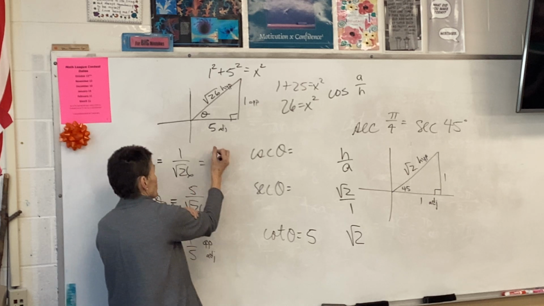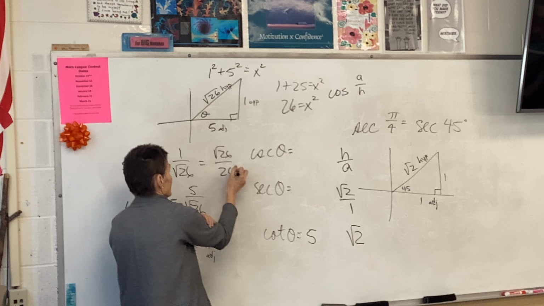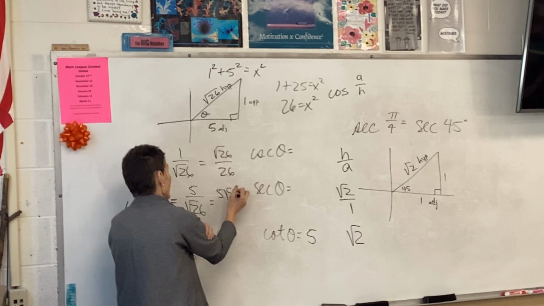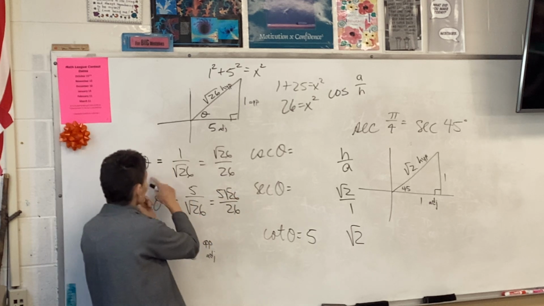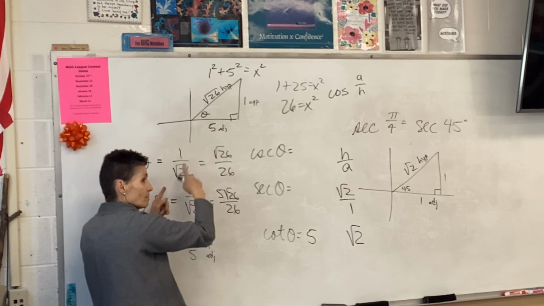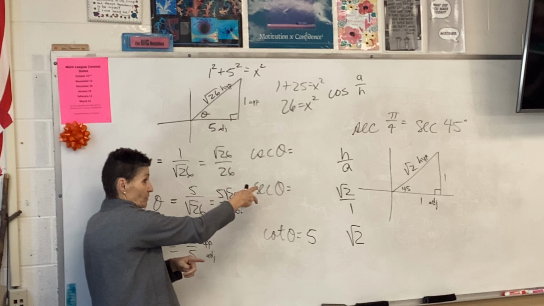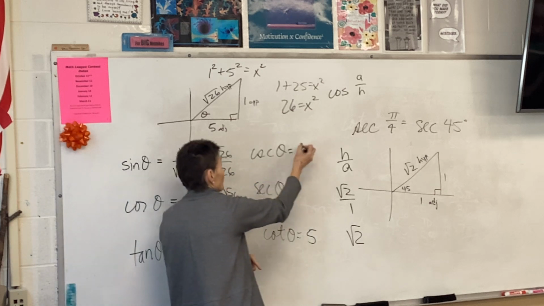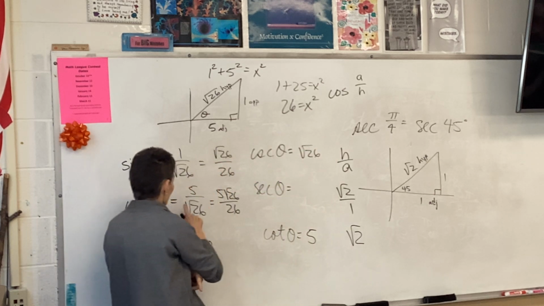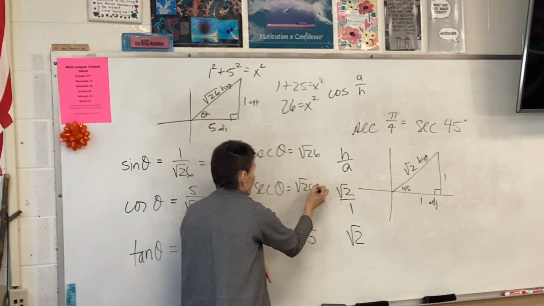But those both rationalize as you indicated. And some of you are really getting the hang of this. You can go straight to this. You don't need that intermediate step. But I like to write that down because that's what I'm going to flip. So this is going to be root 26 over 1, and this is going to be root 26 over 5.